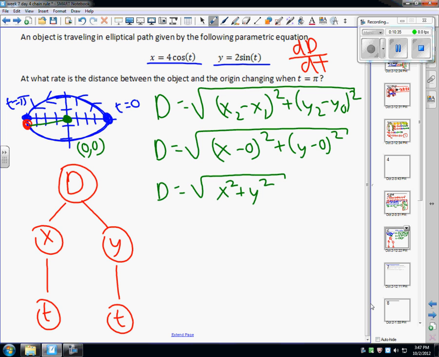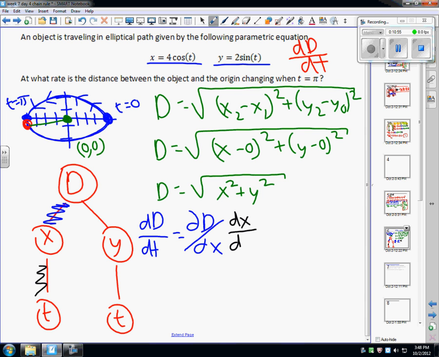Now this chain rule would be dD over dt equals, I have that piece, which is the partial of D with respect to x, times that piece, which is the full derivative of x with respect to time, plus this partial, because again it's split between the x and the y, dD over dy partials, times the last part, which is the full derivative of y with respect to t.